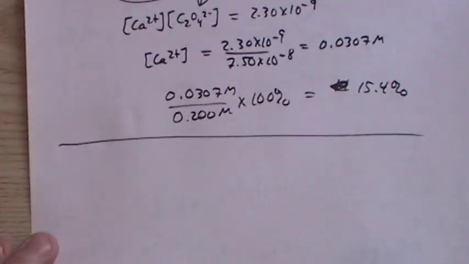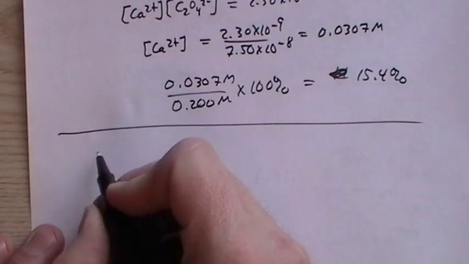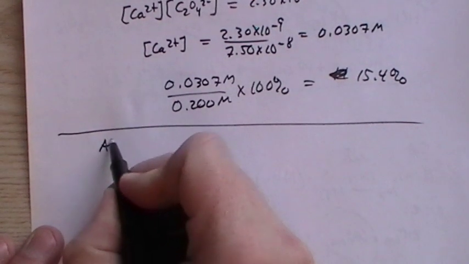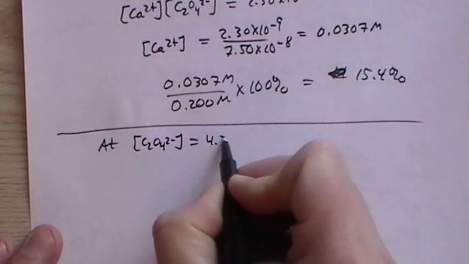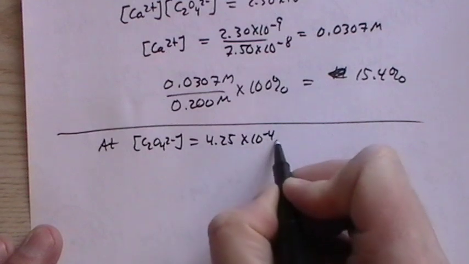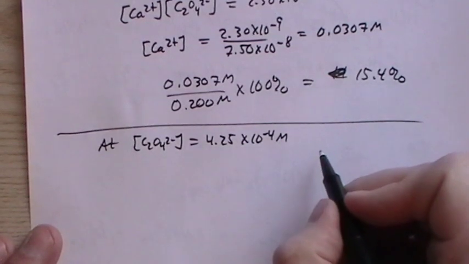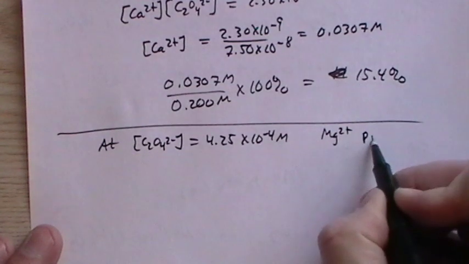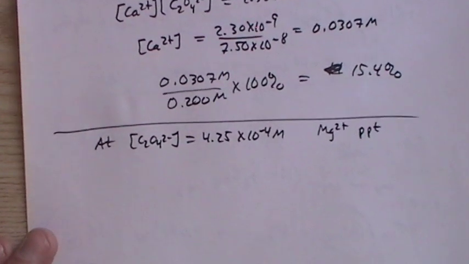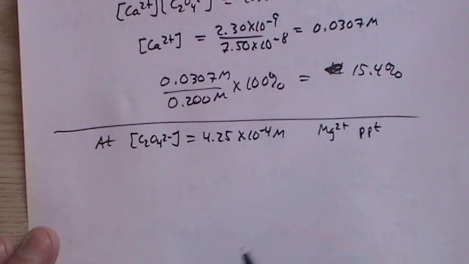Then we do it for the next one. At the concentration of oxalate ion that is 4.25 times 10 to the minus 4 molar, that's when magnesium begins to precipitate. What happened to the other ions?